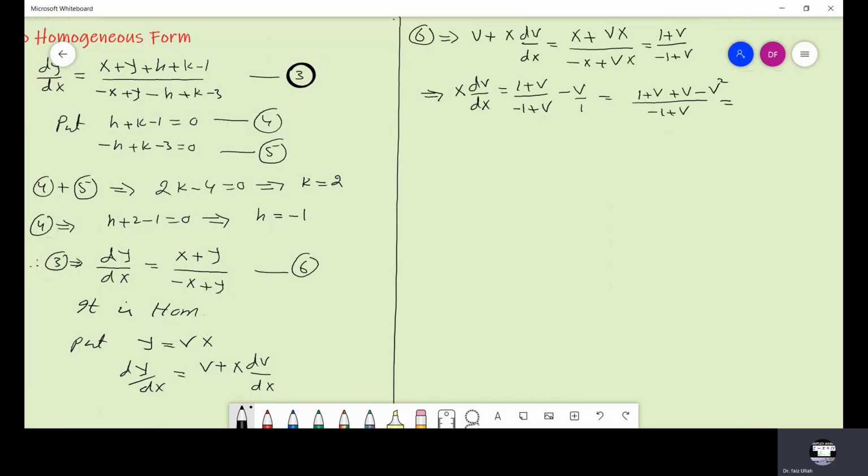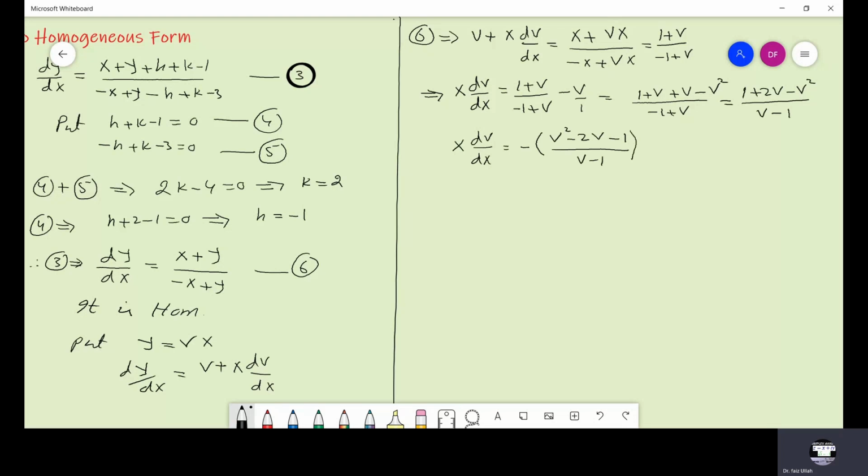If we further simplify this, we have 1 plus 2v minus v square divided by v minus 1. Now from here we get dv over dx is equal to, let us take minus as common, v square minus 2v minus 1 divided by v minus 1.